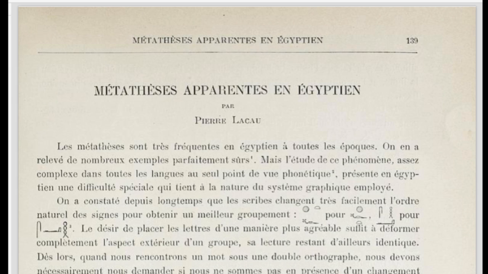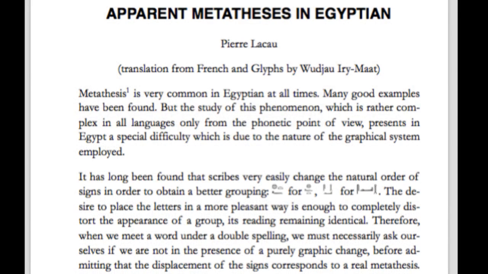Okay, so he begins and he says, I'll read from mine first, that way you can follow along and have a sense of being able to read through it. So he says, metathesis is very common in Egyptian at all times. Many good examples have been found, but the study of this phenomenon, which is rather complex in all languages from the phonetic point of view only, presents in Egypt a special difficulty which is due to the nature of the graphical system employed.